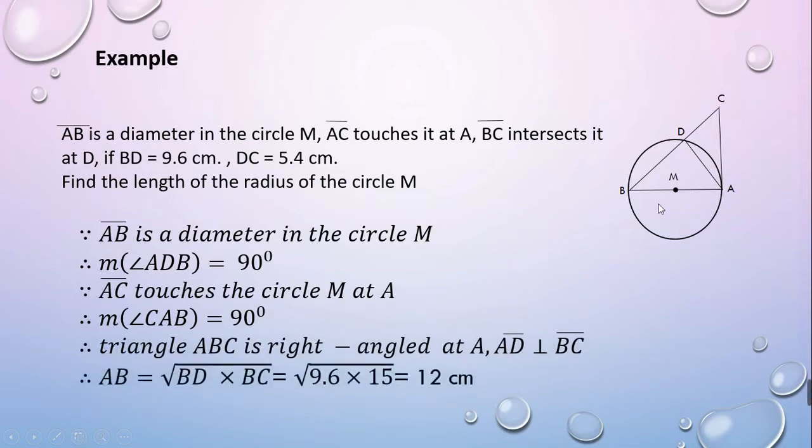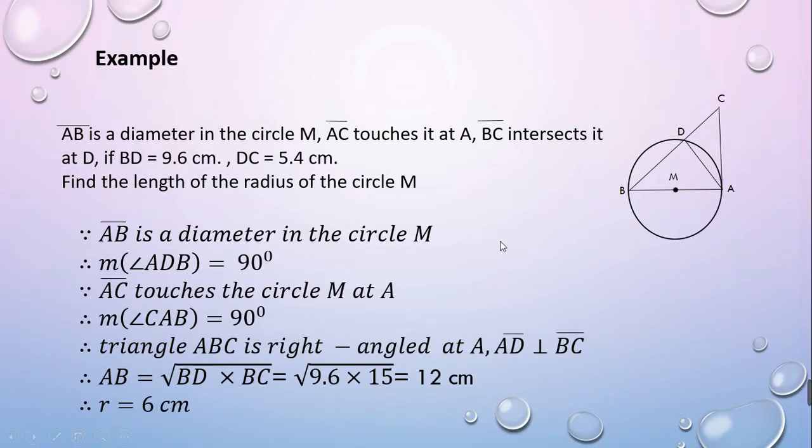Therefore, AB equals the square root of BD times BC. BD equals 9.6, BC in all equals 9.6 plus 5.4, which is 15. So AB equals 12 centimeters. Here AB represents a diameter and I want the length of the radius, so the radius equals 12 divided by 2, which equals 6 centimeters.